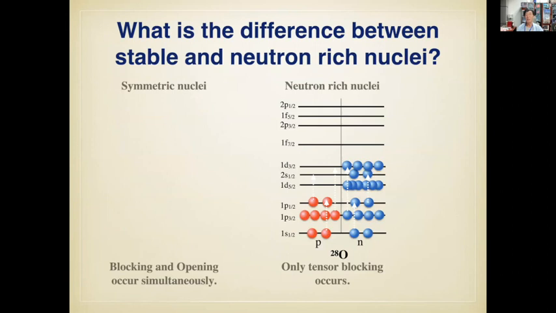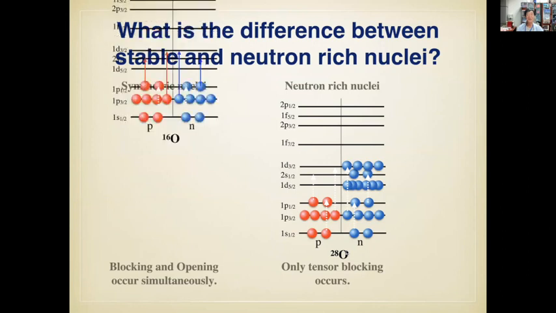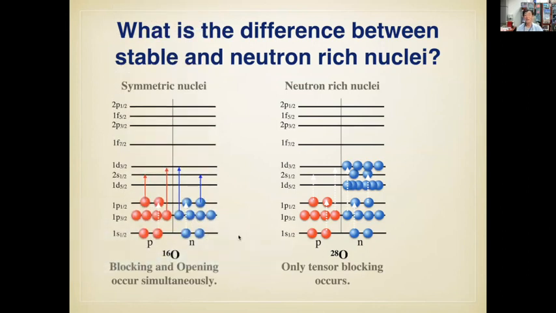Okay, so if I just write oxygen-18, do you remember oxygen-16? In oxygen-16, blocking starts to occur, but those are opening new tensor interaction. But in oxygen-18, because you fill neutrons in the next major shell, everything is blocked.